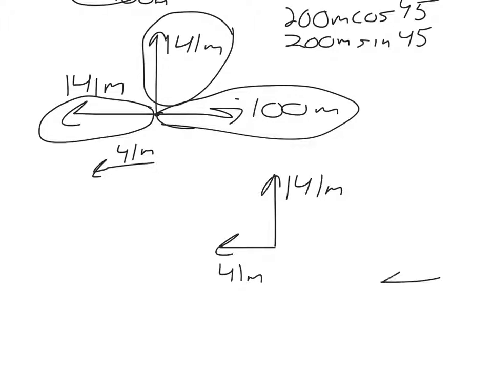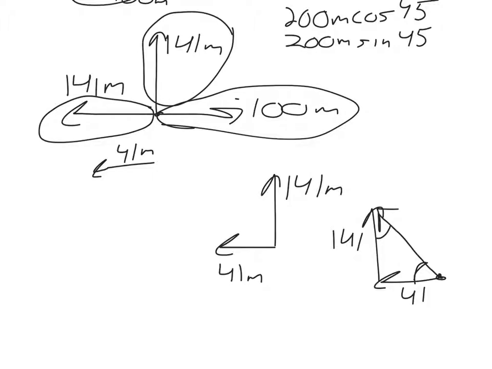So this would be 41, like so, and 141, like so. And then my resultant, which is the actual displacement from start to finish, is from start to finish. And so what I really need is that magnitude and this angle. Or this angle is fine, but I'm going to go ahead and go for the one I drew.